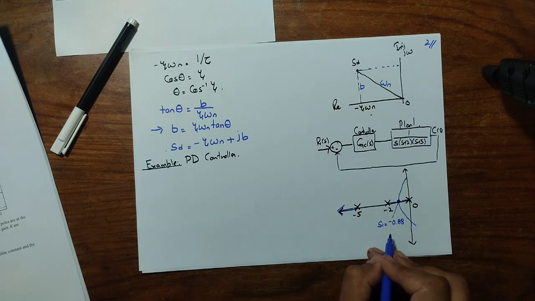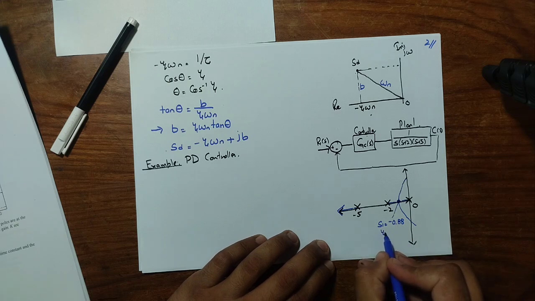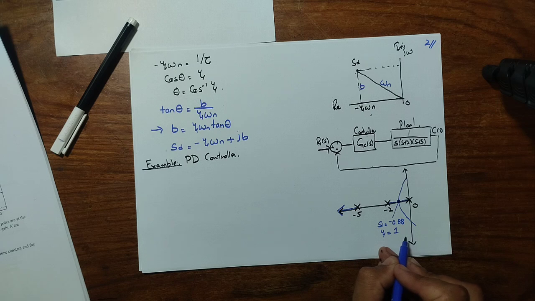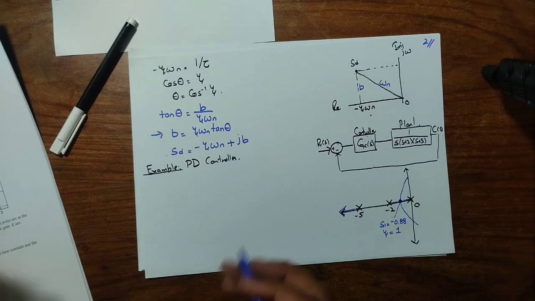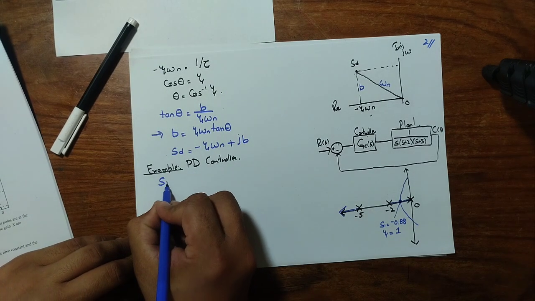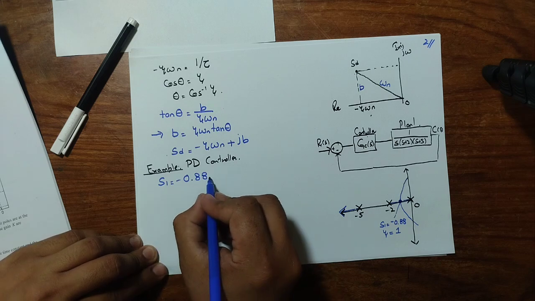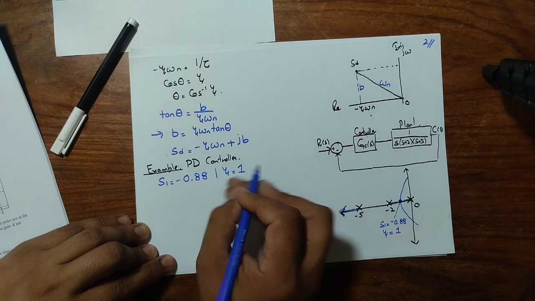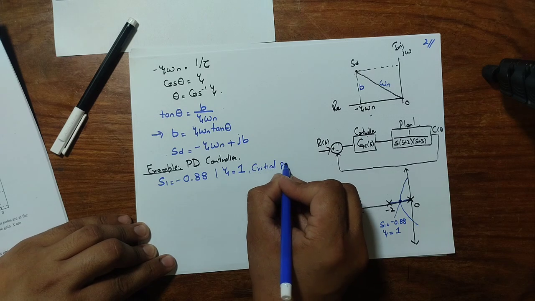As this is the critical point, we have a zeta equal to 1. So S1, equal to minus 0.88, is our critical point, with a damping ratio equal to 1.